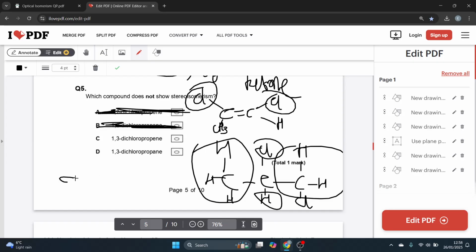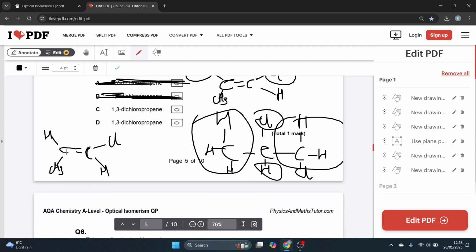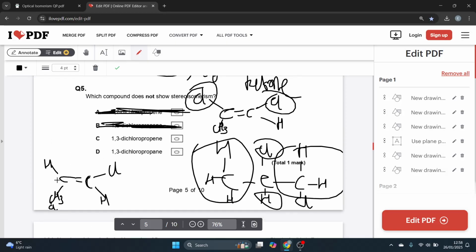Propene: methane, see, same thing as before. CH3 here, chloro on the first carbon, hydrogen here, and I've also got a chloro on the third carbon. So in this case, I've got a chloro here. Now, does that show stereoisomerism?